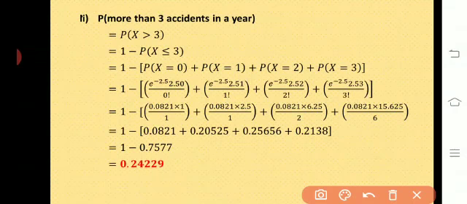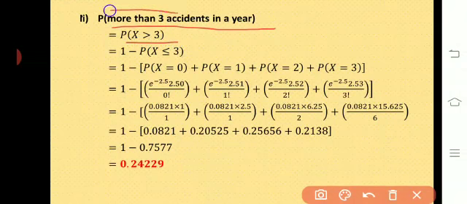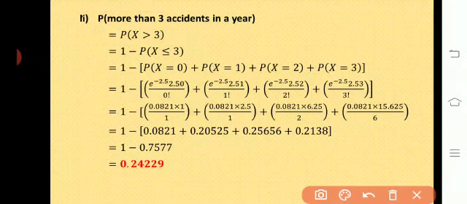Now the second sub question, probability of more than 3 accidents in a year, that is probability of x greater than 3. You can observe here, more than means it is strictly greater than 3. Greater than 3 means probability of x equal to 4 plus probability of x equal to 5 plus probability of x equal to 6, so on up to infinity.